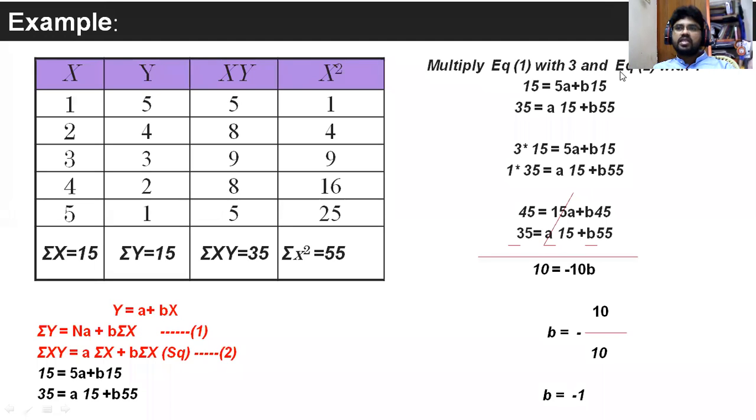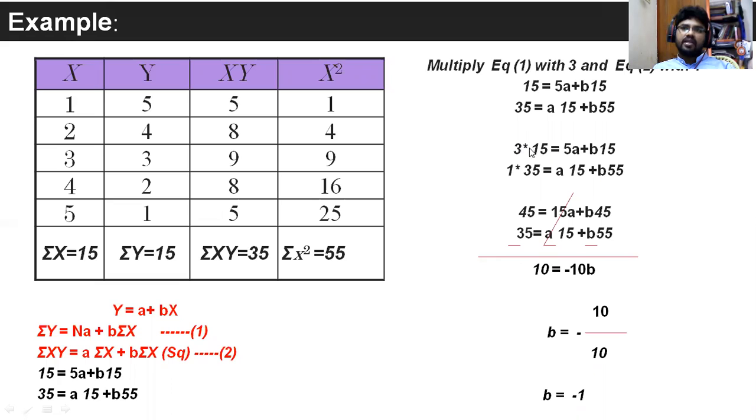Then what about the second equation with 1? We need to multiply 1 with the second equation: 1 into 35 equals a 15 plus b 55. So before multiplying, we need to write it like this: 3 into, and 1 into.